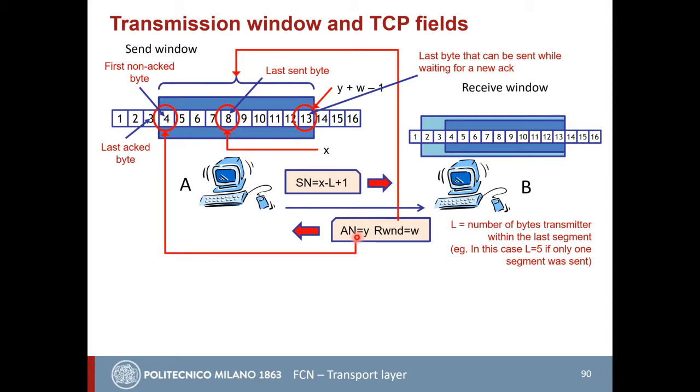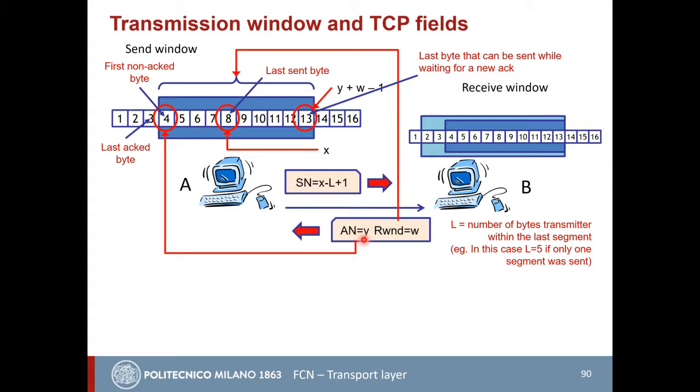The meaning is the sender received correctly until byte number 3, and it is expecting byte number 4. So the base of the window, the bottom of the window, y, is always set to the last value of the acknowledgement number that has been received.